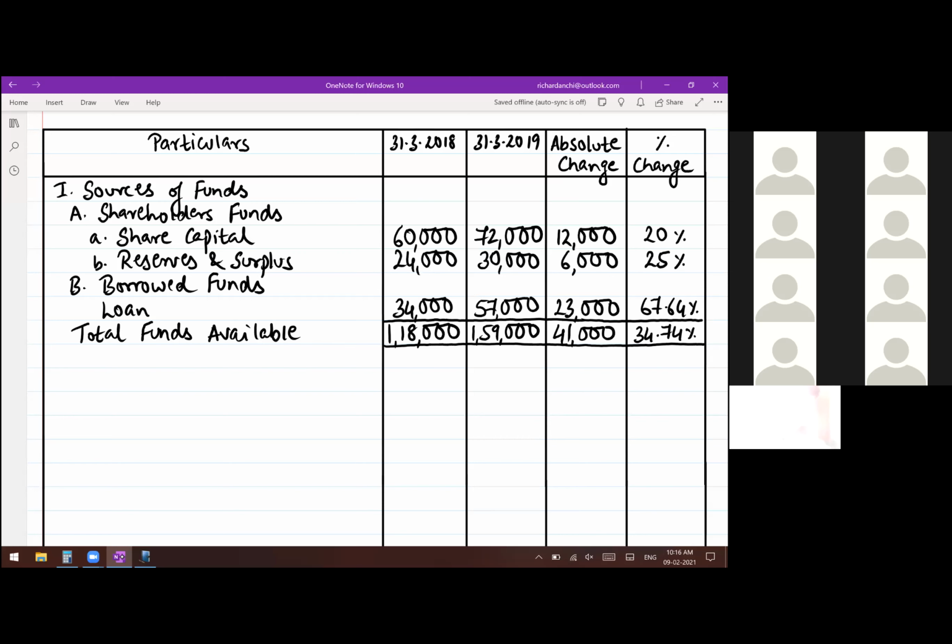Okay. Then we move to the asset side, which is application of funds. Starting with fixed asset. So write down point number 1, fixed assets. The first point gives you fixed asset for 2018, 1,20,000, and for 2019, 1,50,000.